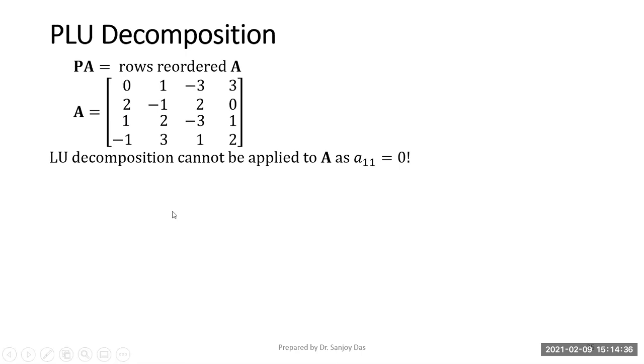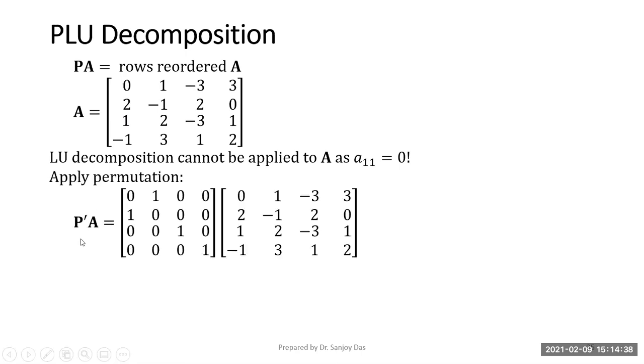In this case, what we do is we do this permutation. So we try to rearrange the rows of this matrix A. Okay, and then let's say this one here gives me this.